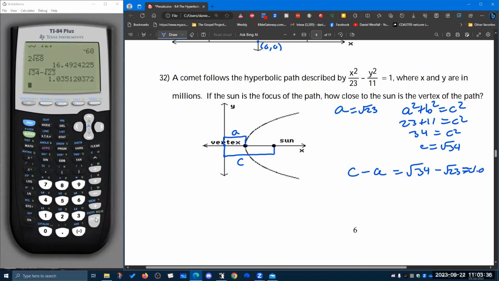I assume this is going to be miles, but they didn't tell me what the distance is here, whether it's miles or meters or something like that. They forgot to put the unit in here, but it's 1.0 million, whatever my units are.